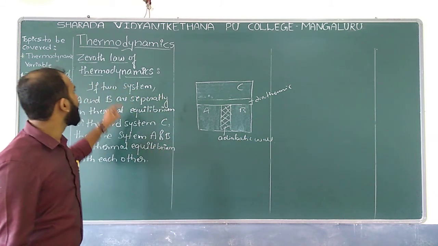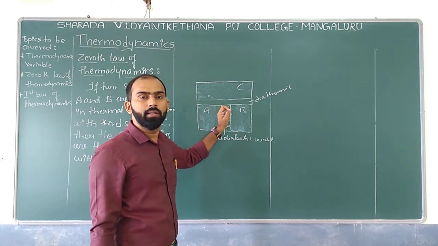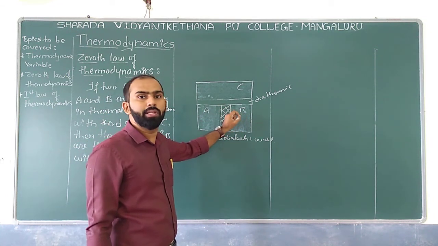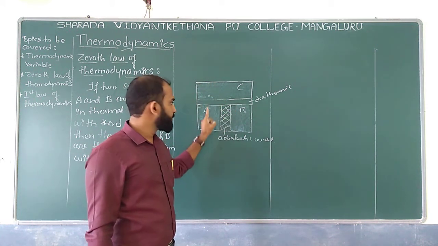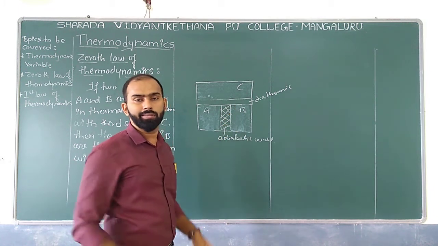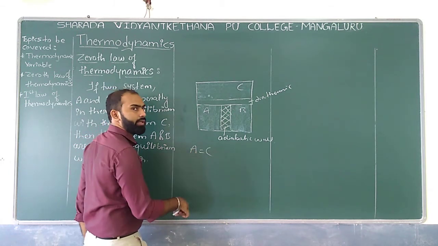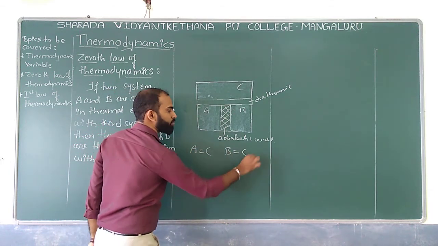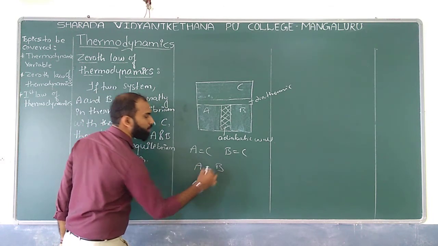So, according to the zeroth law, if system A and system B are separately in equilibrium with which system? System C, then we can say system A and system B are in thermal equilibrium with each other. It's just like if A is equal to C and B is equal to C, so can I write A is equal to B over here?